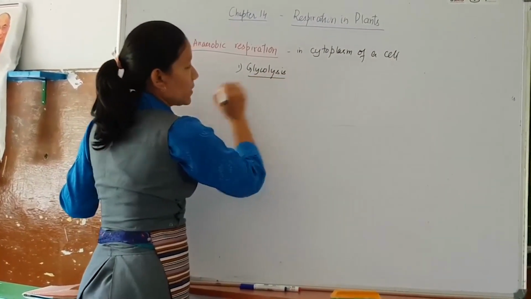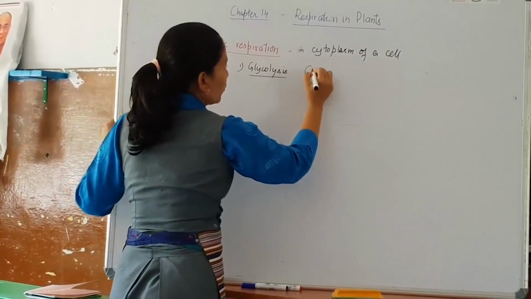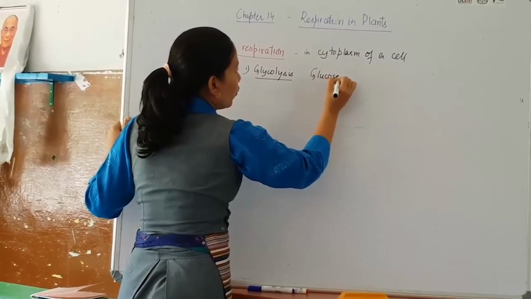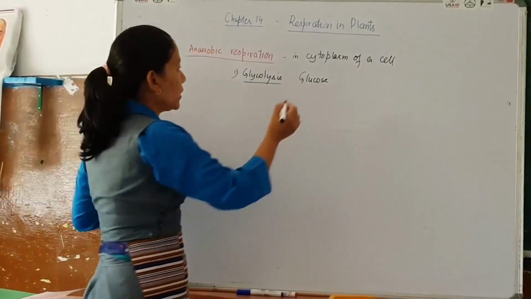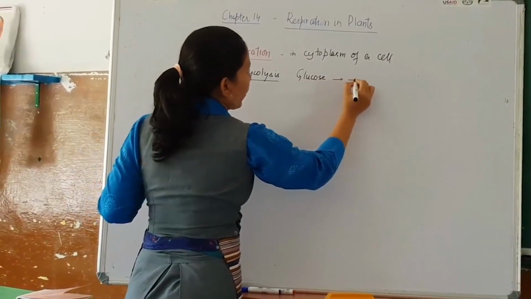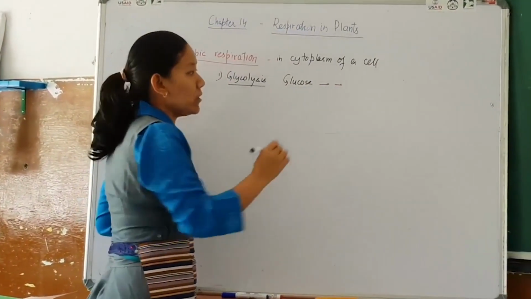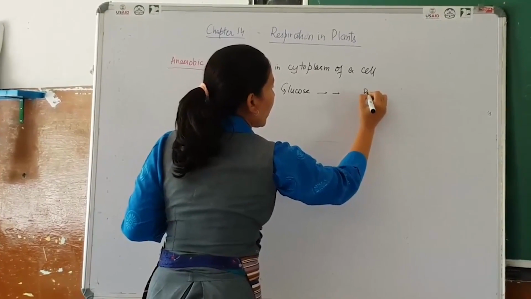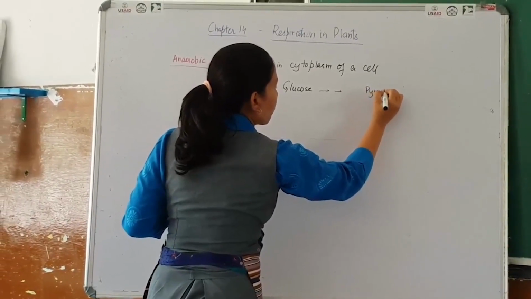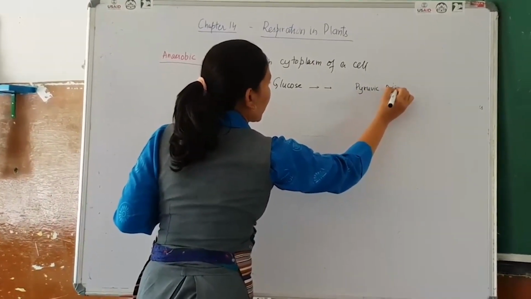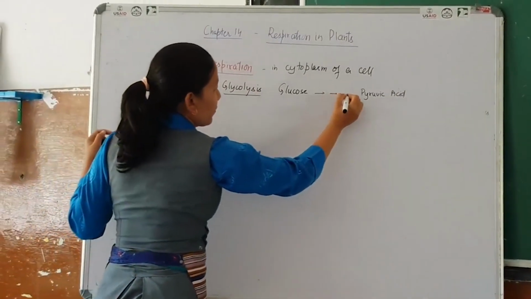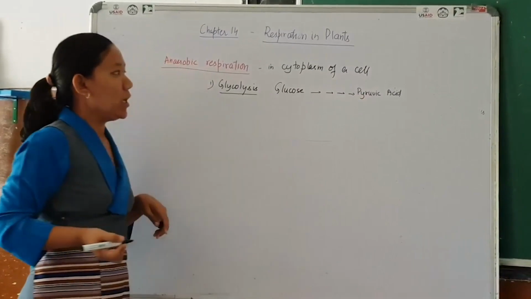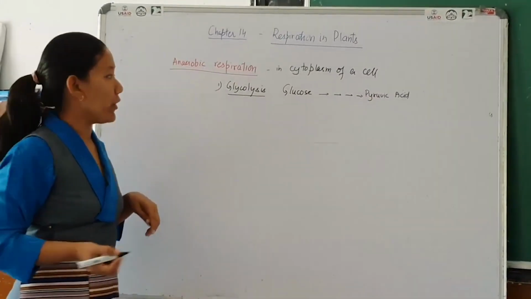During glycolysis, glucose undergoes a 10-step reaction and finally gives rise to pyruvic acid.